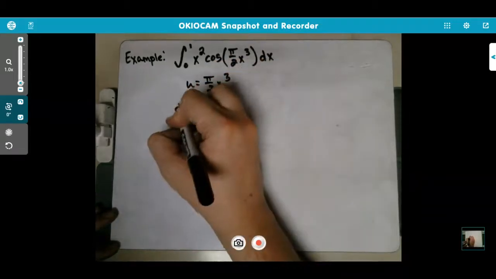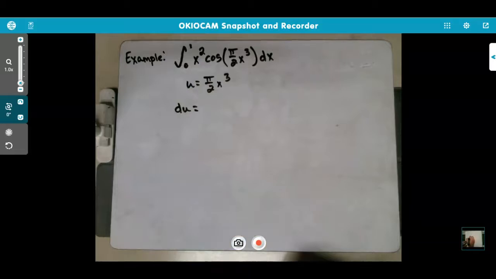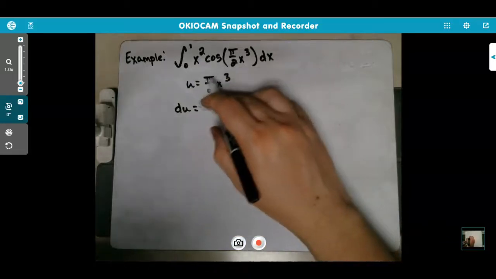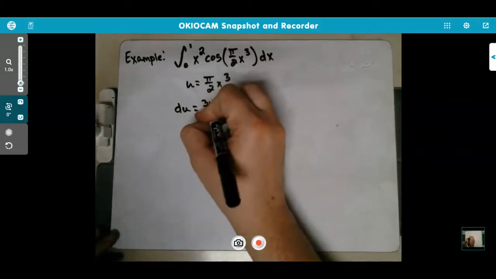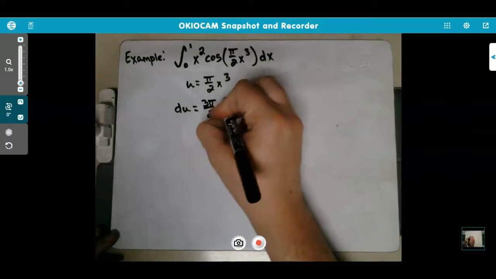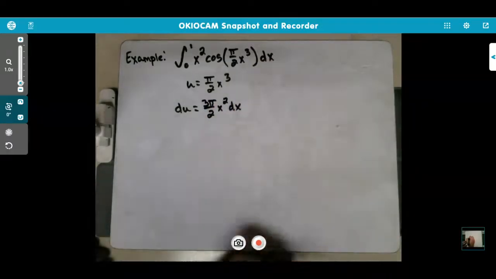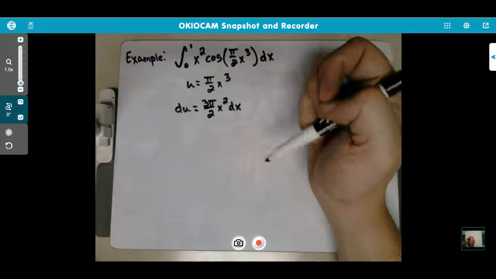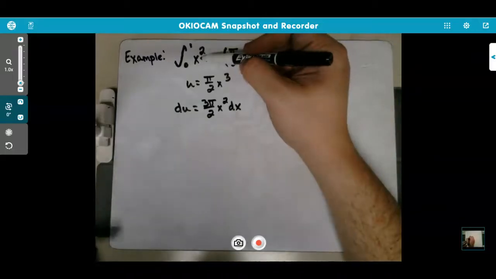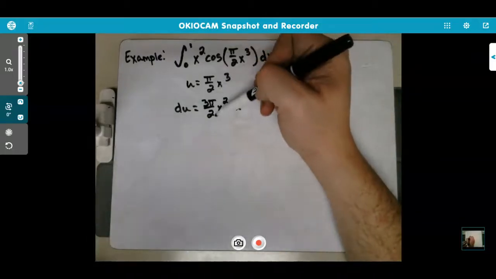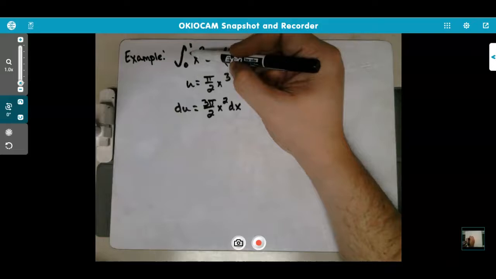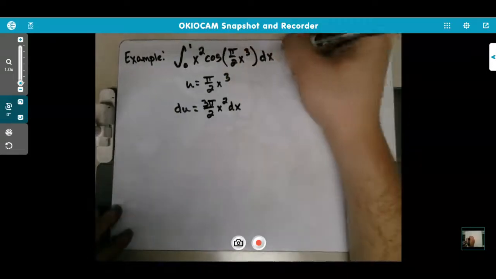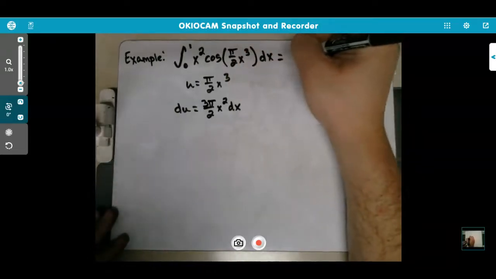So let's take the derivative of that. Bring down my 3 would make it 3 pi over 2 x, that's now squared. Again, we just brought our 3 down, making it 3 pi over 2 x squared. I have an x squared, but I need 3 pi over 2. So in order to put 3 pi over 2 right here, we need to multiply it by 2 over 3 pi.